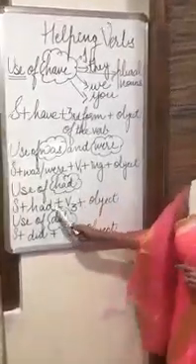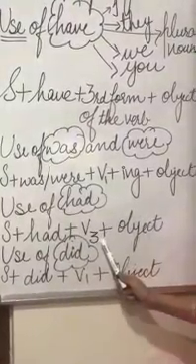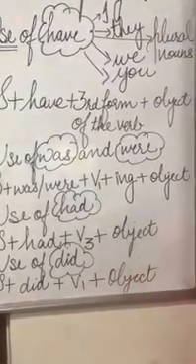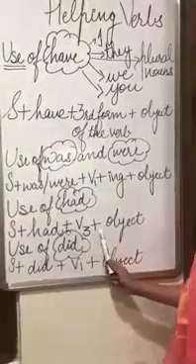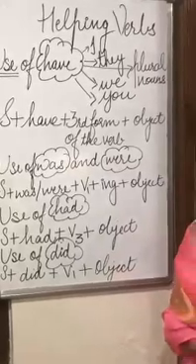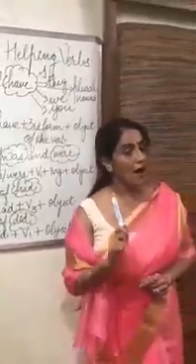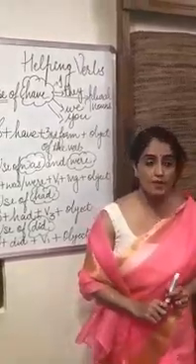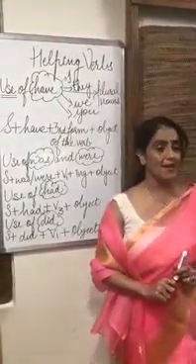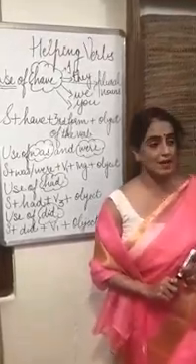So the format becomes subject, had, third form of the verb and object. Remember, third form of the verb accompanies had. Let me share some examples. I had told the teacher last week. They had gone for a long drive.